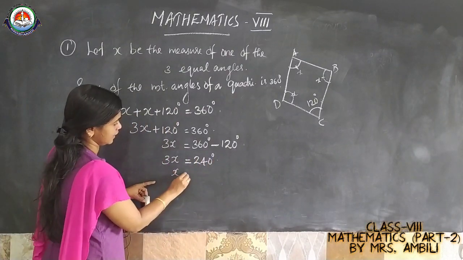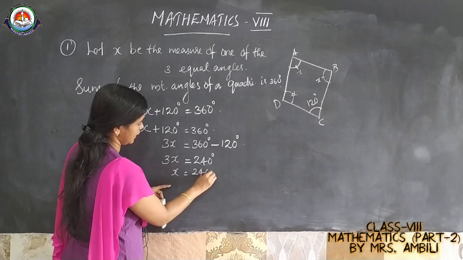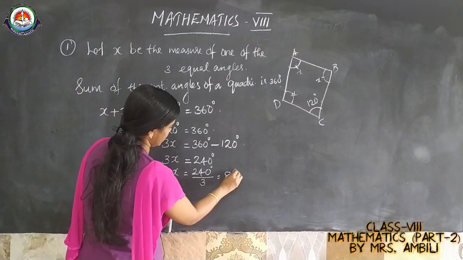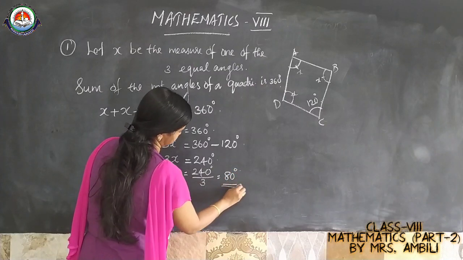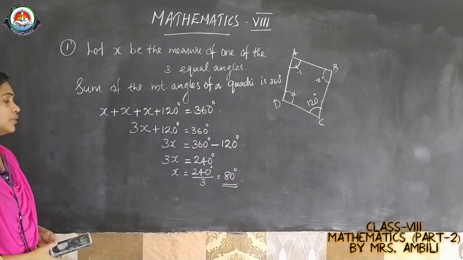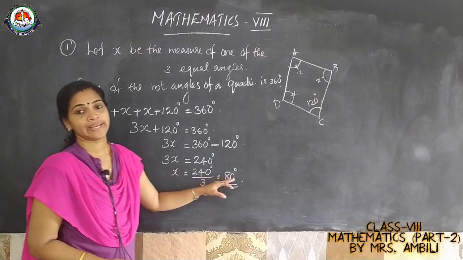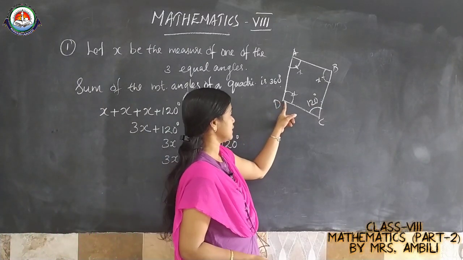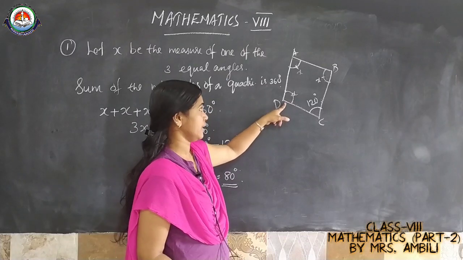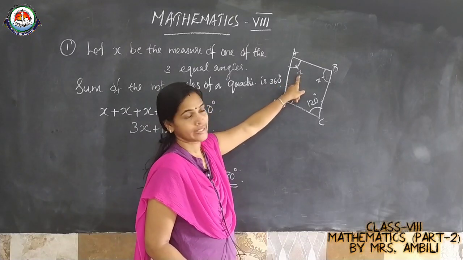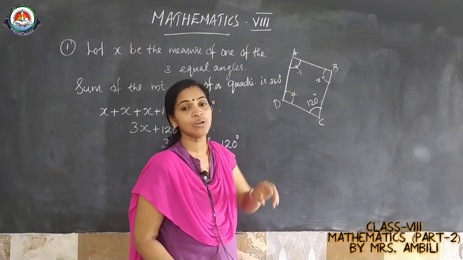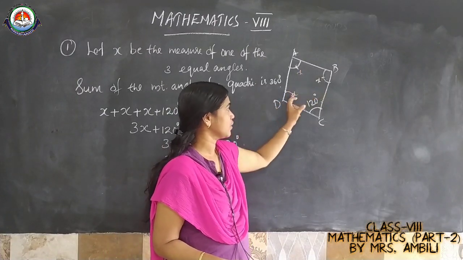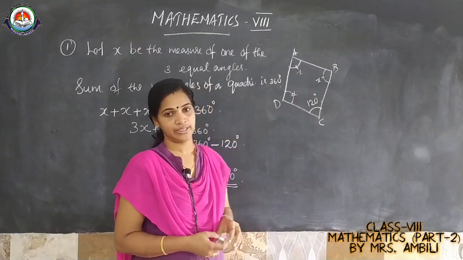So, x equals 240 degrees by 3, that is 80 degrees. So, now we got x equal to 80 degrees, isn't it? If angle D is 80 degrees, angle A is also 80 degrees and angle B is also 80 degrees. So now all the 3 equal angles are 80 degrees.